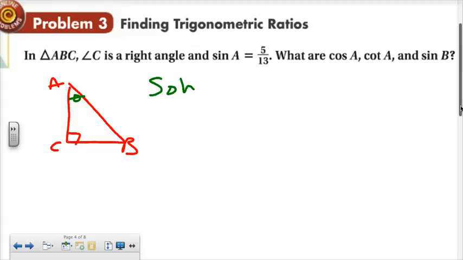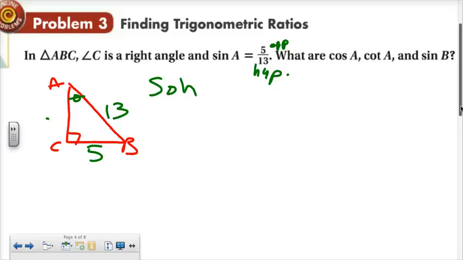And I remember it's SOHCAHTOA. So this sine is telling me that the opposite side is a 5. That would be that side right there across from that A. And then my hypotenuse is a 13 right there. And then they ask us what are some trig ratios that we see over there. Well, the first thing I would do is say, I need to know what this one is.